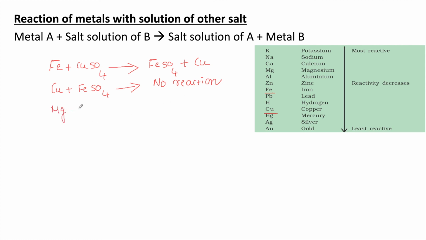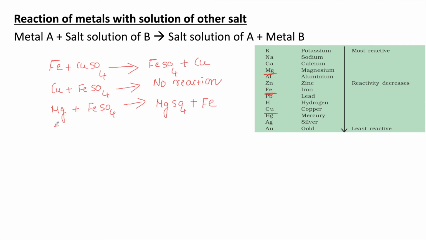One more example I will write. Magnesium plus iron sulfate. Compare the reactivity between magnesium and iron. Magnesium is more reactive than iron. So magnesium will displace iron from its salt solution and it will form magnesium sulfate plus iron.